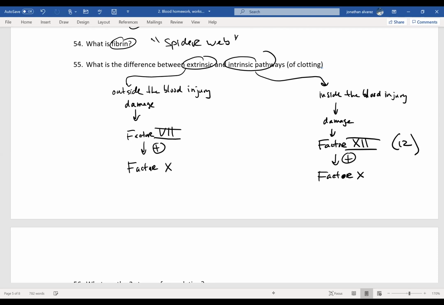So the goal is to get factor 10 activated. Extrinsically, it's factor 7 that does it. If it's intrinsic, it's factor 12 that does it.